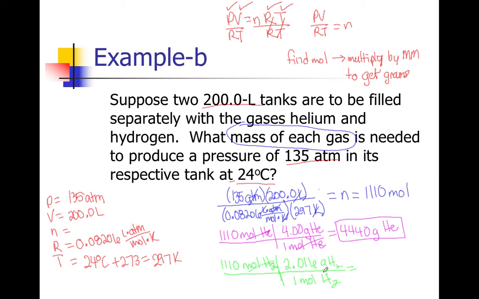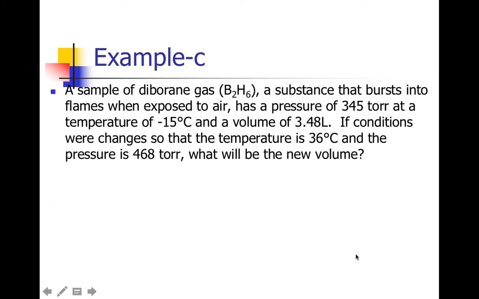So we can cancel out our moles of hydrogen. 1,110 times 2.016 is going to give us 2,240 grams of hydrogen. So that is example B. We have one more example to take a look at.